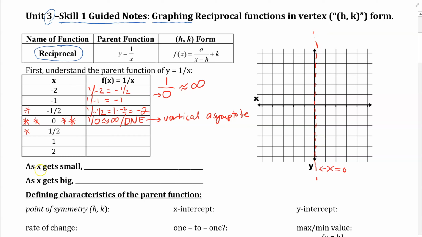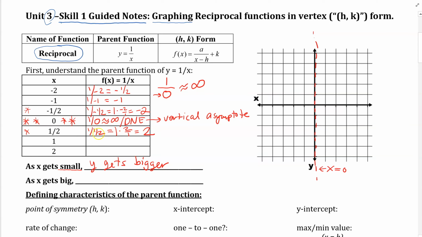So we're going to notice that as x gets smaller, y gets bigger. That's a reciprocal relationship, right? Y is the reciprocal of x. So if x gets small, y gets big. When x was -1/2, y was -2. And then here, when x is +1/2, 1 divided by 1/2 means 1 times 2 over 1, or 2.